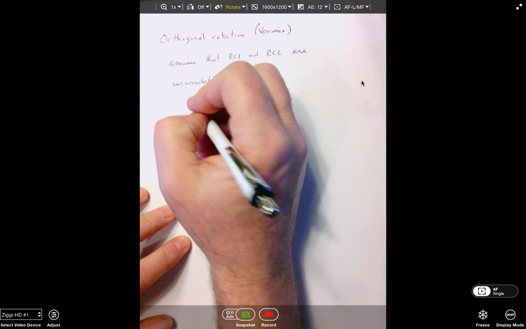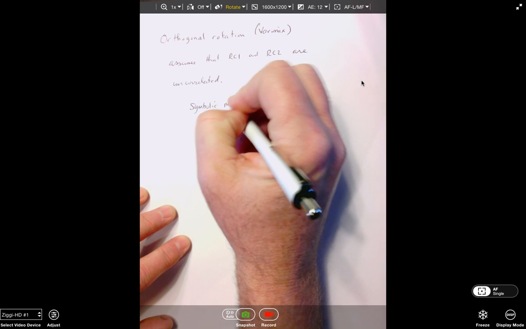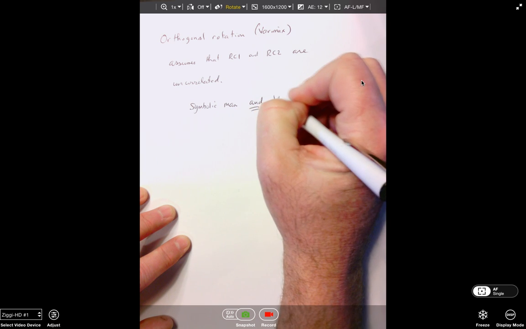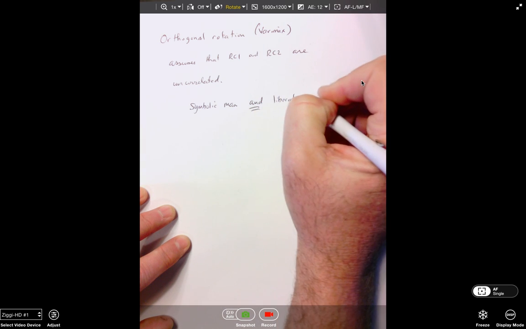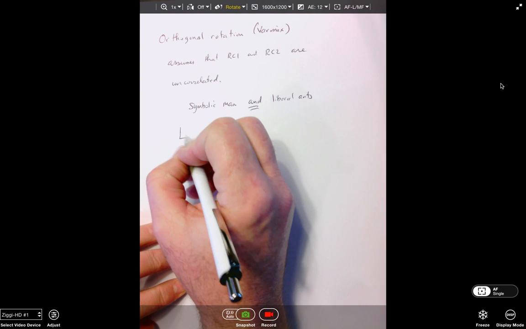So it assumes that symbolic manipulation and liberal arts are independent. They're not correlated. Now, is this true? Probably not.